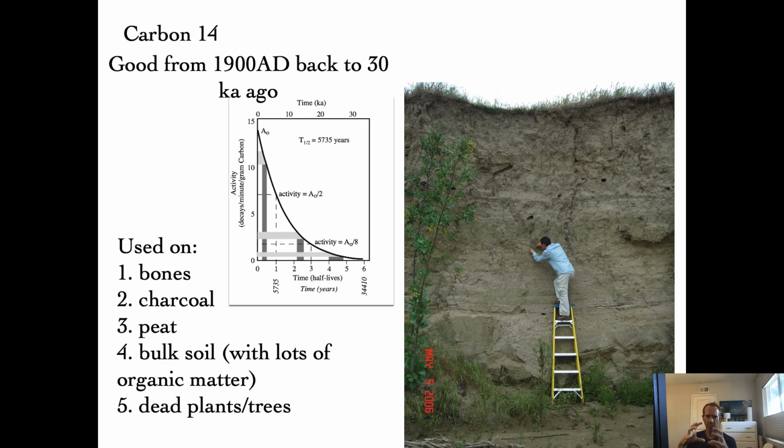And so you're looking at the proportion of these two types of carbon in the material that you're dating, and knowing the half-life, knowing how long it takes for that decay to occur, which is 5,700 years, you can then infer the age of that material and therefore the age of the deposit that it's in.